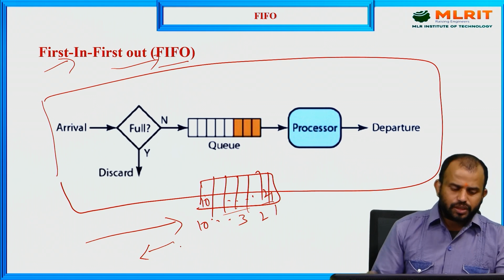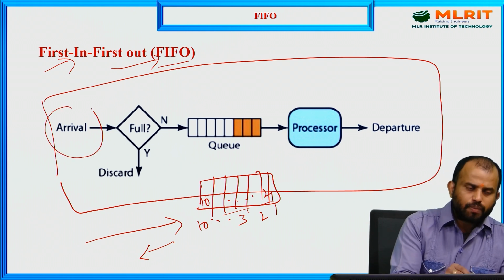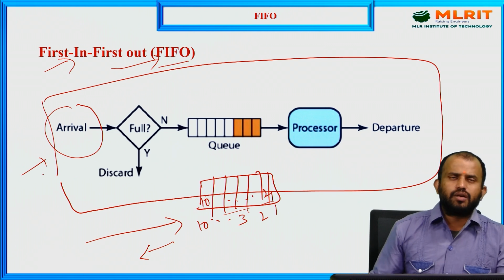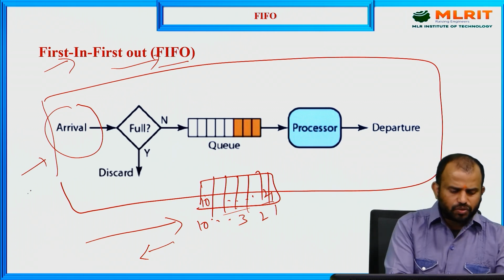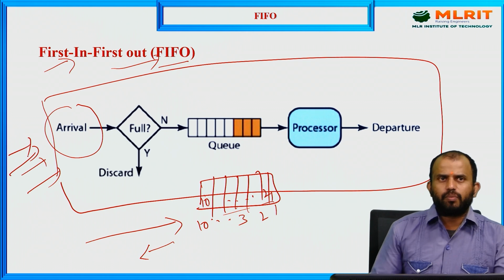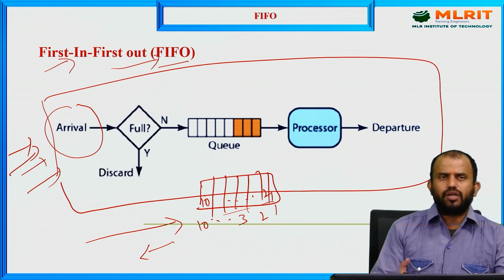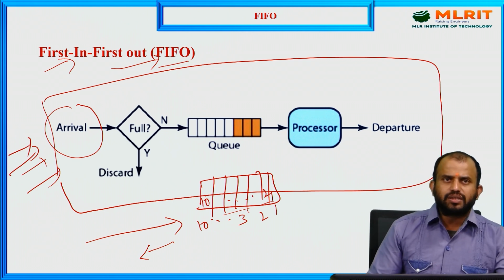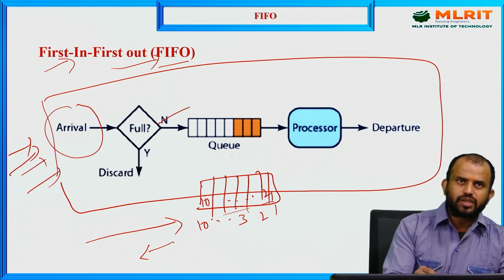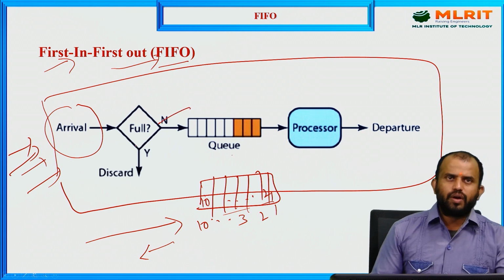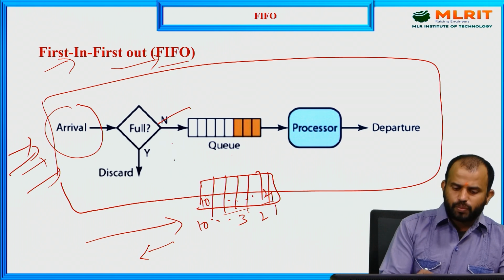When the arrival rate gets faster, with n number of information packets transmitted continuously from different networks or different autonomous systems, we have to check the state of the queue. If the queue is in a free state, then we put it into the queue.